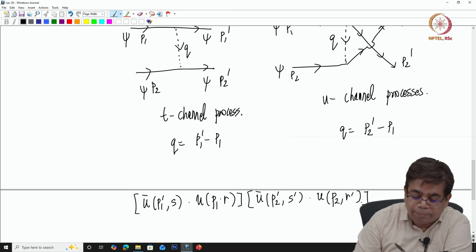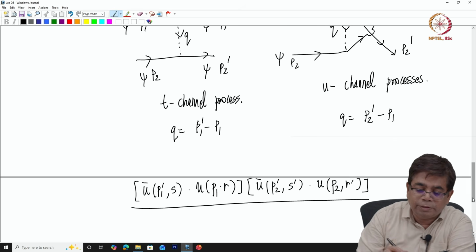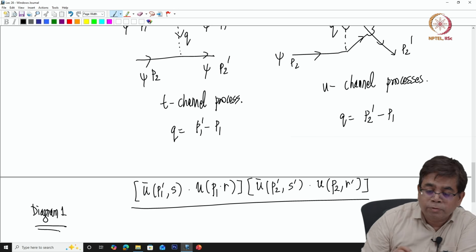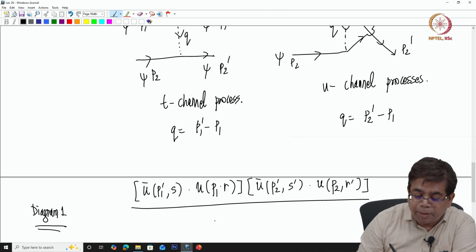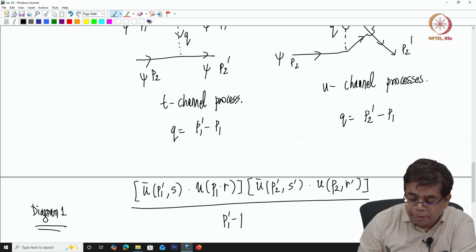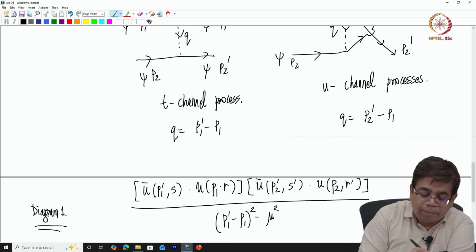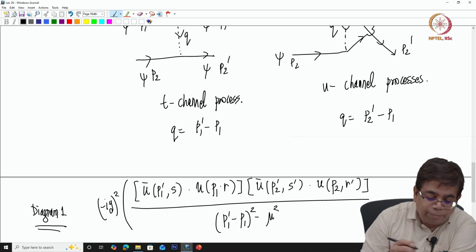Then you have the propagator. So, this is diagram 1. This diagram 1 is p 1 prime minus p 1 whole square minus mu square, times minus i y whole square.